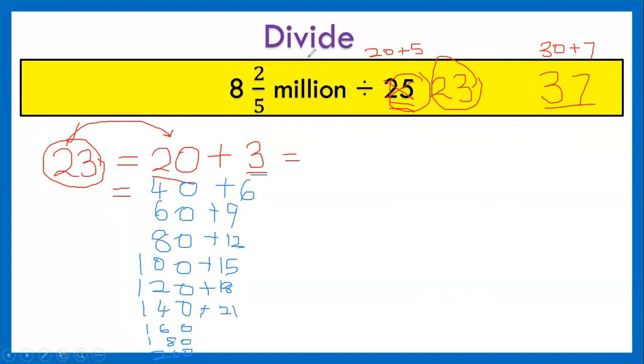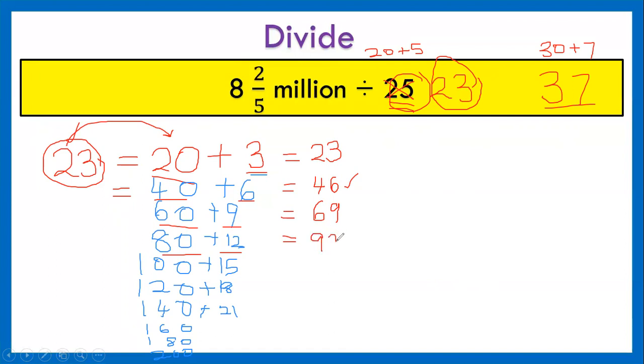What would be my answer looking like? So over here, 20 plus 3 is 23. That's right. 40 plus 6. The next multiple of 23 would be 46. So if you had 23 plus 23, you're going to get 46. What about the next multiple? 60 plus 9. 69. 80 plus 12. So 80 plus 12, 8 plus 1, 9.